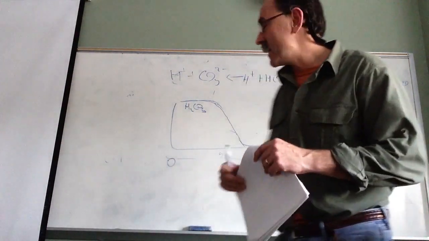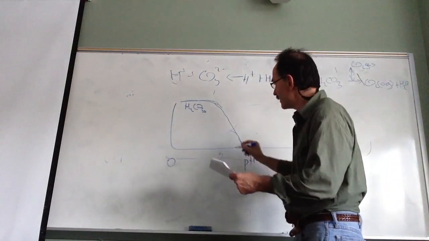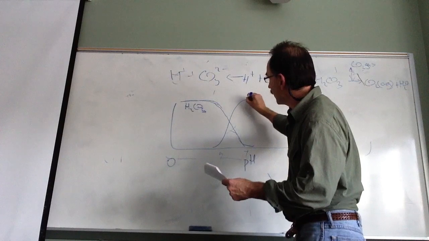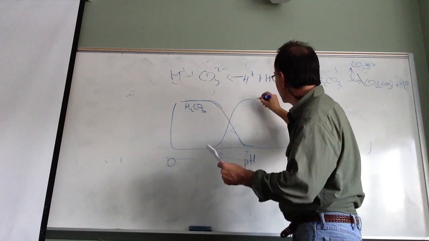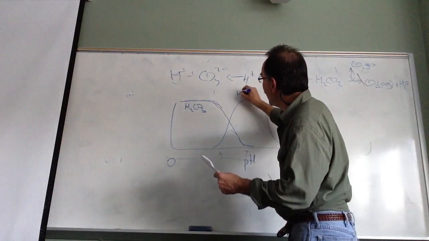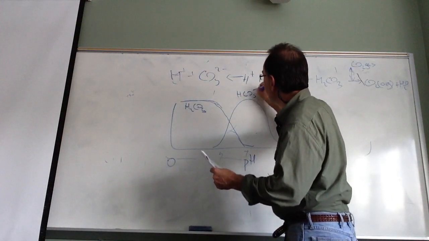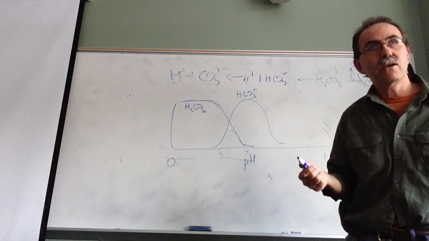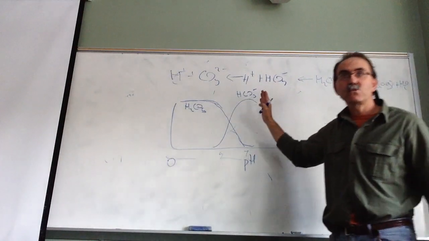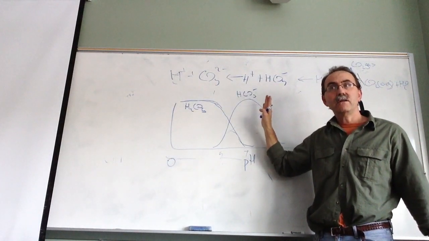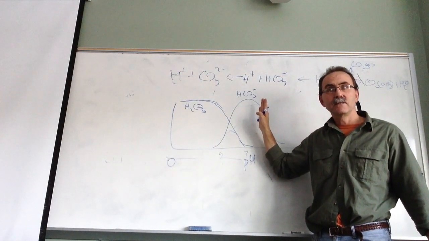Now what happens as pH rises? Here is HCO3, the bicarbonate. And if you remember earlier in the class, bicarbonates were by far the most abundant anion in aquatic systems.